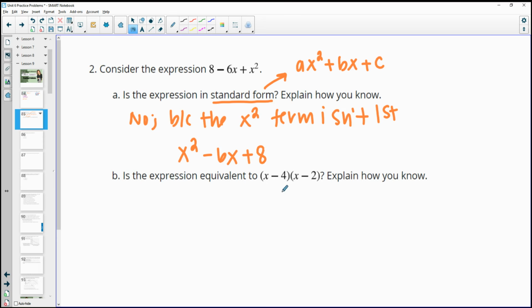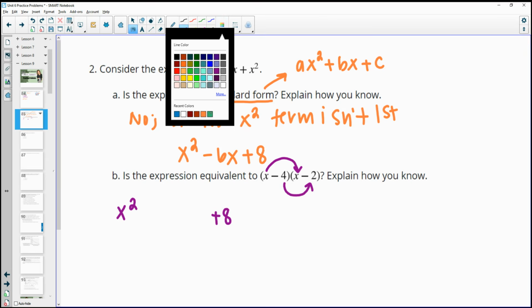Then they ask, is it equivalent to this binomial squared? And so we can multiply this out to check. When we multiply the x times the x, we're going to get x squared. We also know that when we do -4 times -2, we're going to get +8. That's that end term.